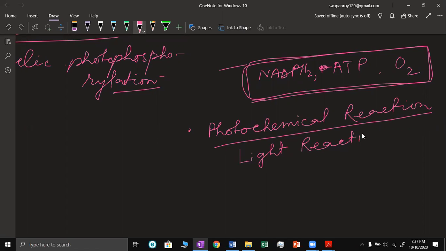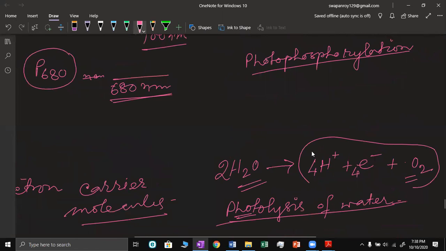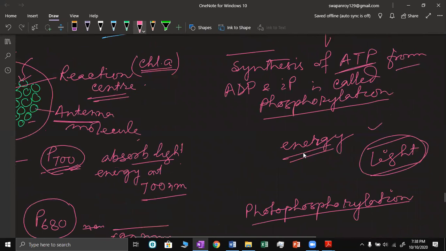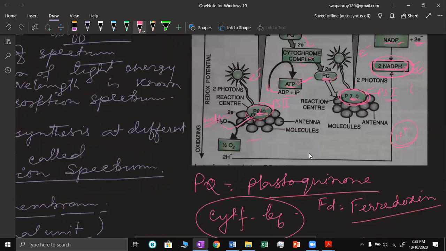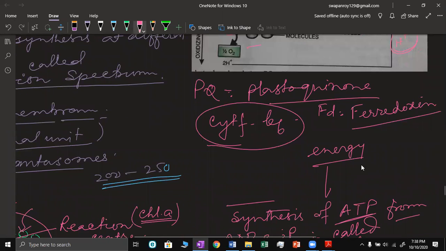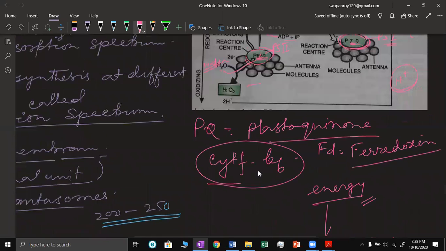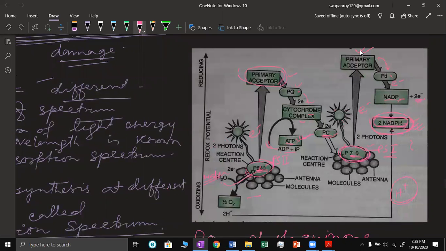And here light is very, very important. The process of photosynthesis is very expensive, a lot of ATP energy is required, and whatever ATP the non-cyclic photophosphorylation produces is not sufficient for supporting the process of photosynthesis.